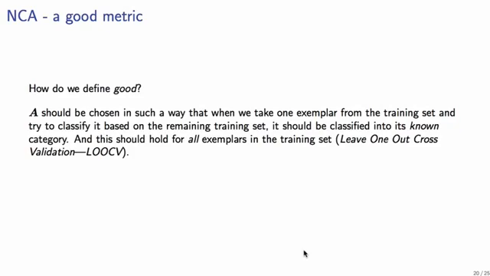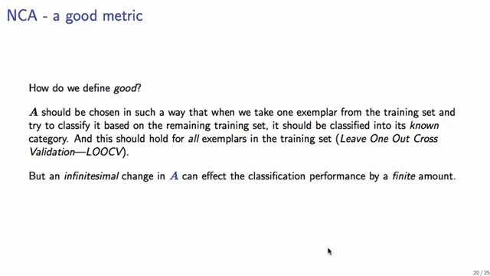And we can define this by saying that if we use matrix A and we take one example from our training set and try to classify it based on all of the other training examples, which is essentially leave one out cross-validation, then that single training point should be classified into its known class. Unfortunately, if we do it this way, the classification performance is not a continuous function of matrix A.